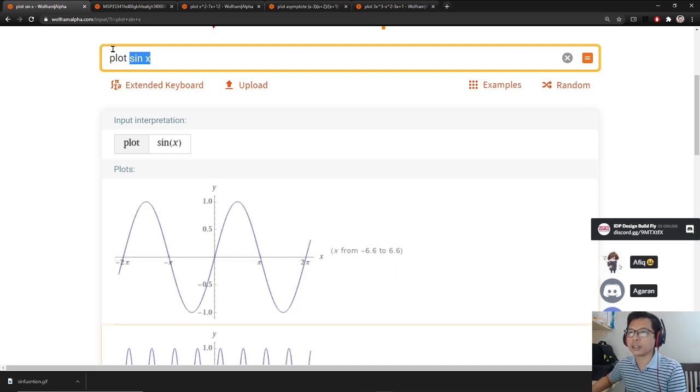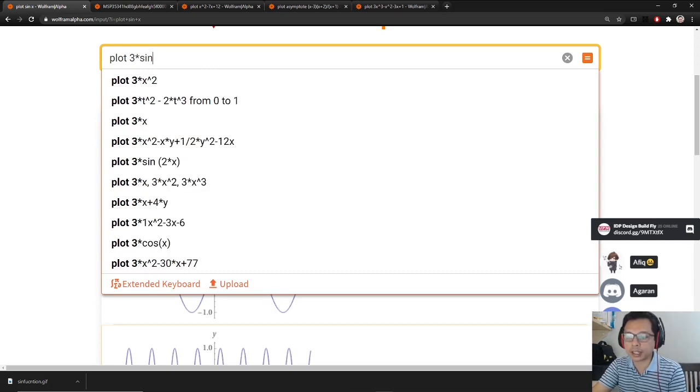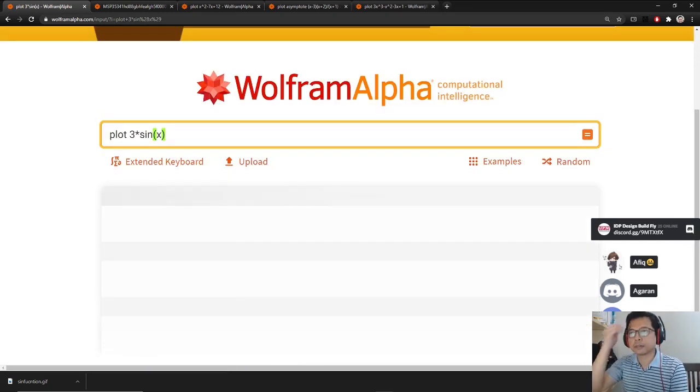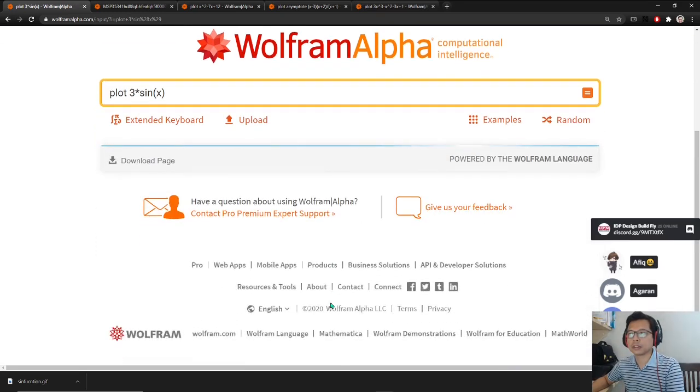Now, how do I change the amplitude? I just put a number in front of it. 3 times sine of x. Come on, it's not that hard to plot. Come on, Wolfram Alpha.